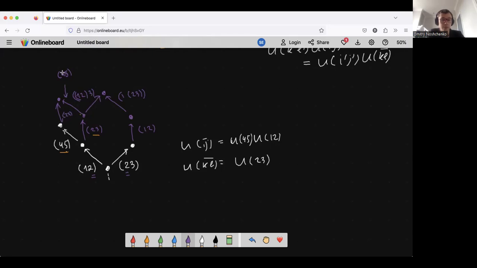And again, since there are no repeating indices, we can just close it up as a square. And then we eventually computed what we wanted. So we closed up this relation. So here we have 4,5, and here we have 1,2,3.